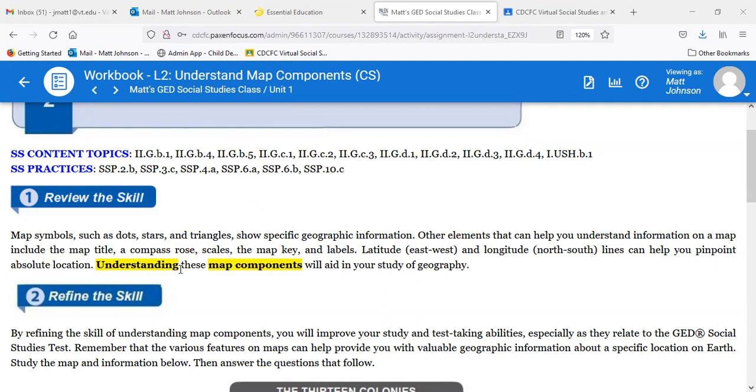Here's the other thing about latitude and longitude. Latitude, right, is set up because 0 degrees latitude around the Earth is the equator. And you start measuring from the equator up and down. So everything above the equator goes north. So if you're at 1 degree north of the equator, right, you're just sitting right above it.